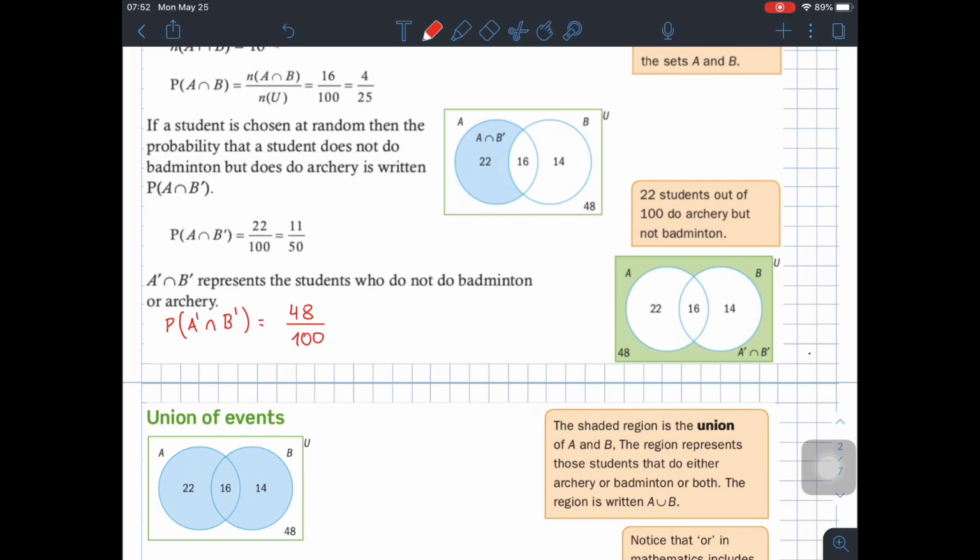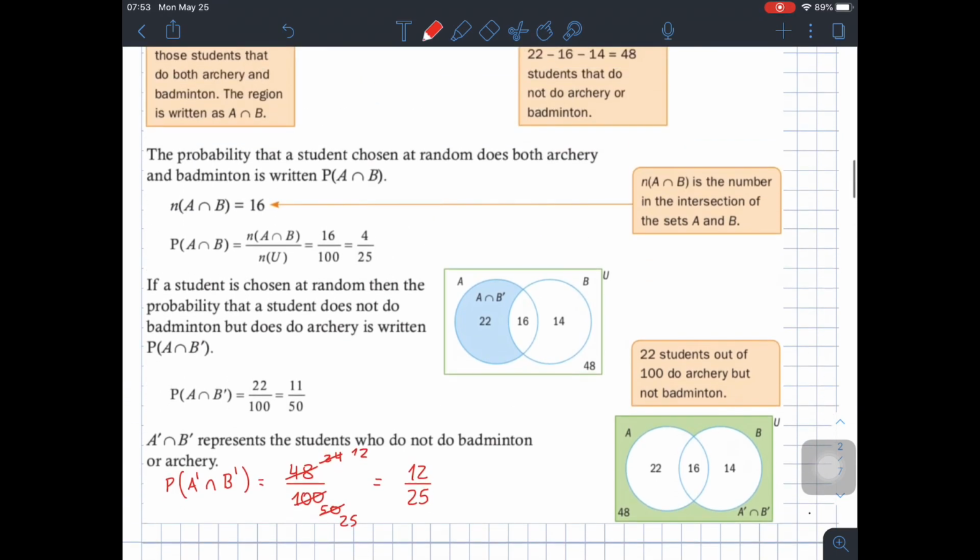We could divide by 2, for example. This would be 24. This would be 50. Then we can divide again by 2. This would be 12. And this is 25. And I think I cannot simplify that anymore. No. So the probability would be 12 over 25.